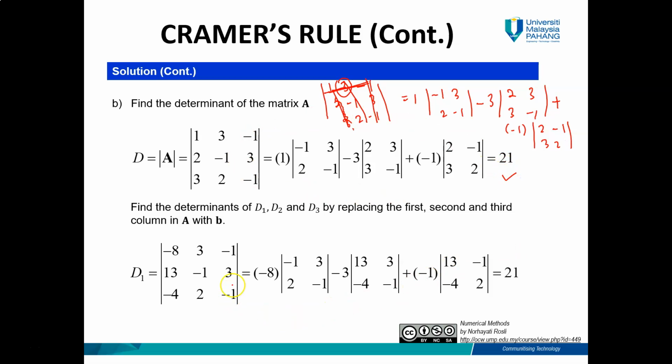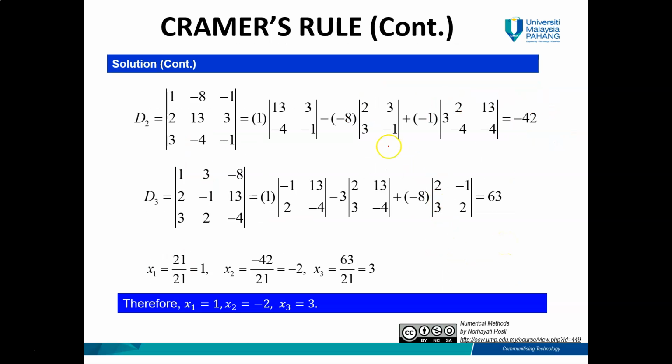Then you need to find the determinants D1, D2, and D3 by replacing the first, second, and third column in A with B. To compute D1, instead of 1, 2, 3, we now have B as the first column, which is -8, 13, -4. We do the same thing as before, but now the values differ. When you solve, you get 21.